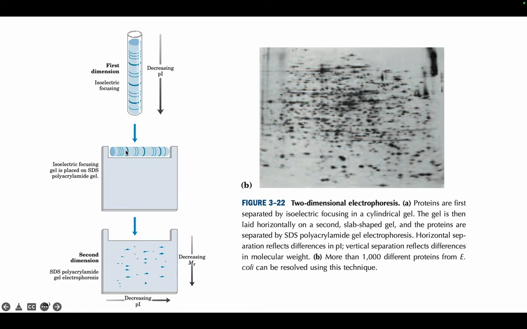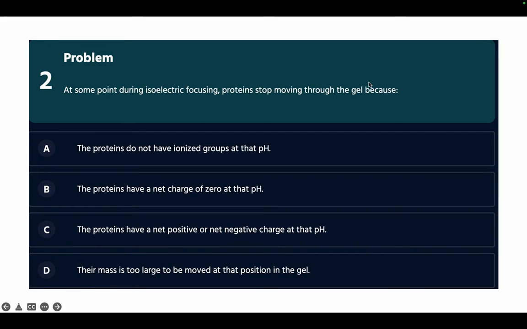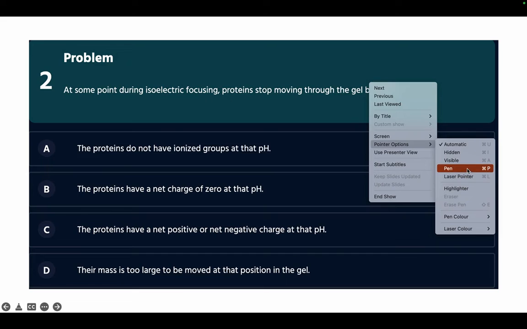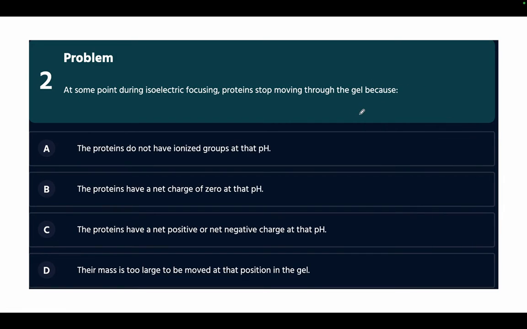So anyway, since we just learned about IEF, we can try and solve some examples on this. Here it is asking, at some point during isoelectric focusing, the protein stopped moving through the gel because dash. Right? So why is the protein stopping at that one point?